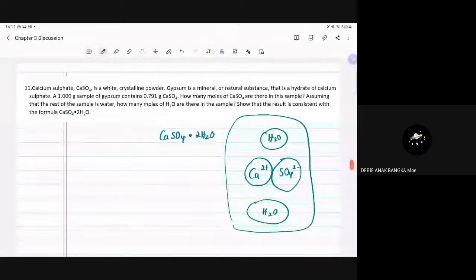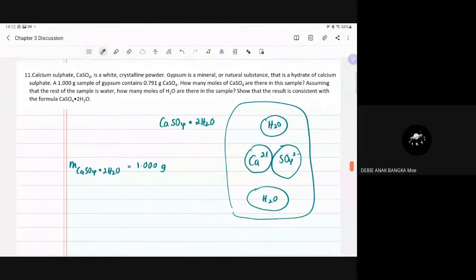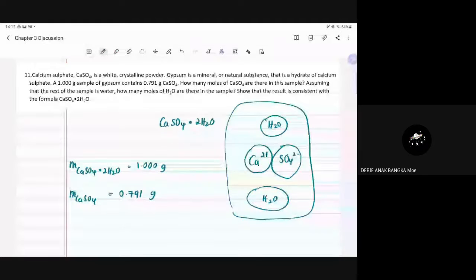Okay. Now, dia punya maklumat kat sini dia bagi tahu panjang. Okay. So dia bagi tahu mass of CaSO4 dot 2H2O is 1.000 grams. Okay. Lepas tu dia bagi tahu mass of CaSO4 dekat dalam CaSO4 2H2O ni adalah 0.791 grams. Okay.